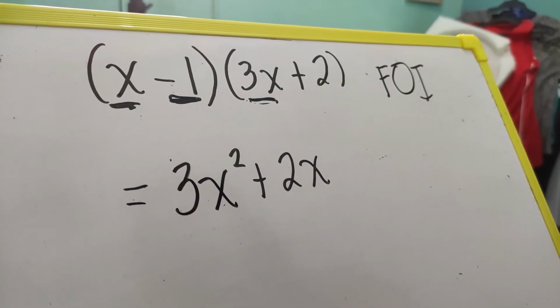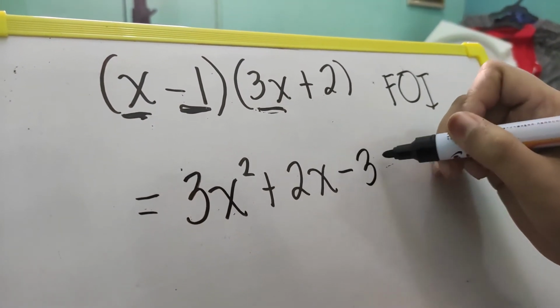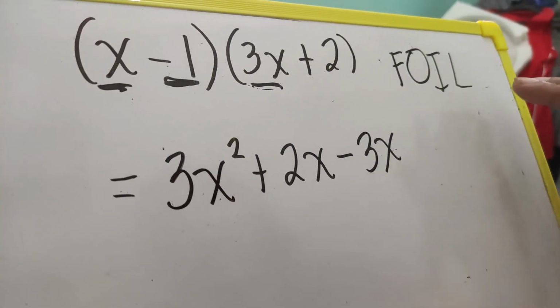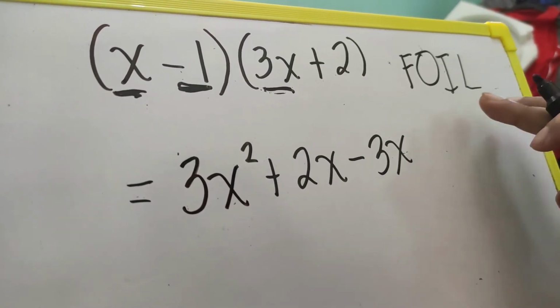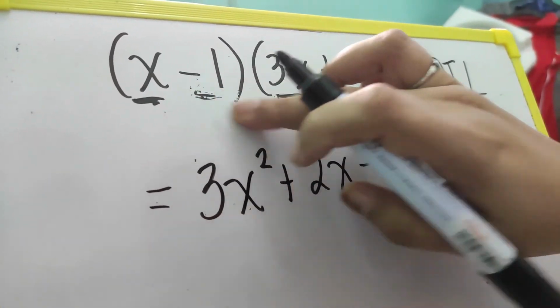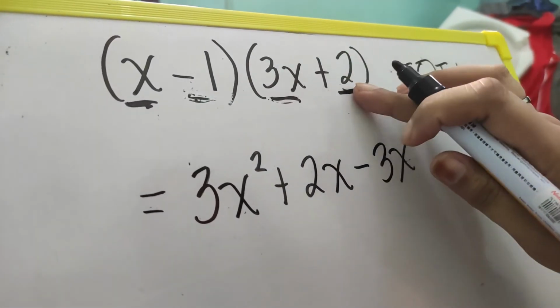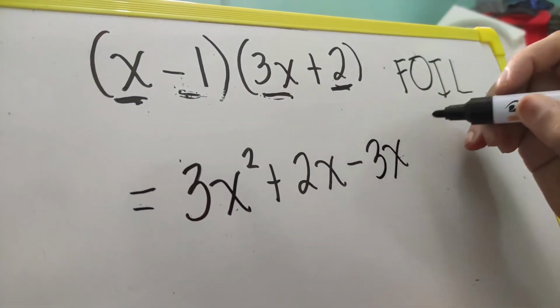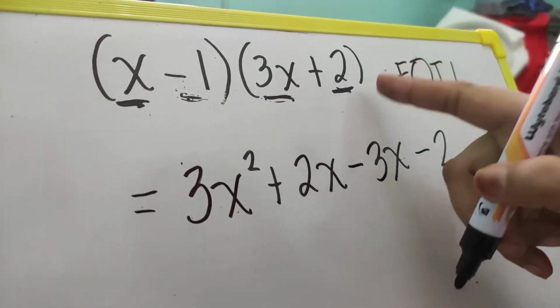So negative 1 times 3x is equal to negative 3x. And lastly, we have here letter L, which stands for the last term. So we have here negative 1 and positive 2. If we multiply negative 1 and positive 2, the answer would be negative 2 because they have different signs.